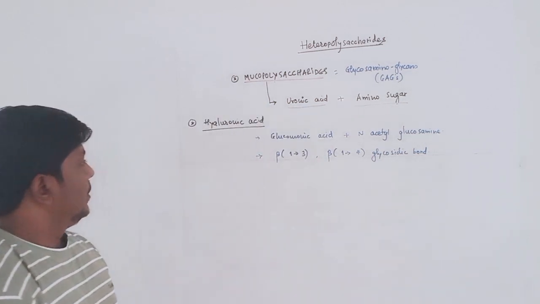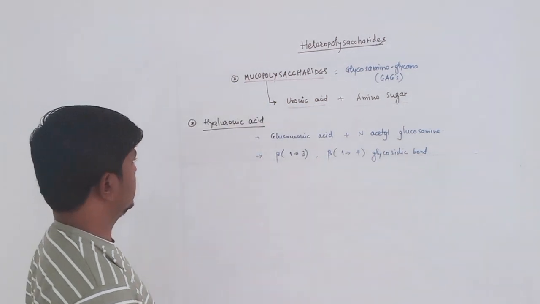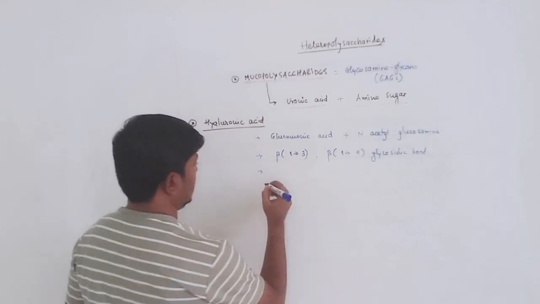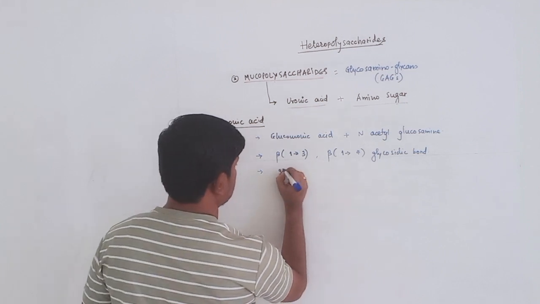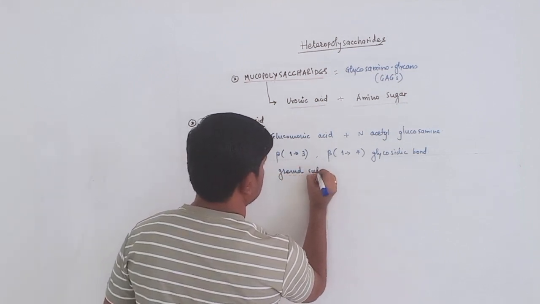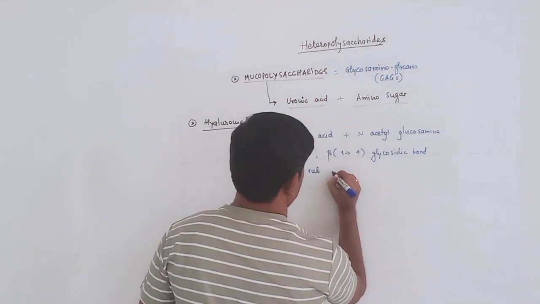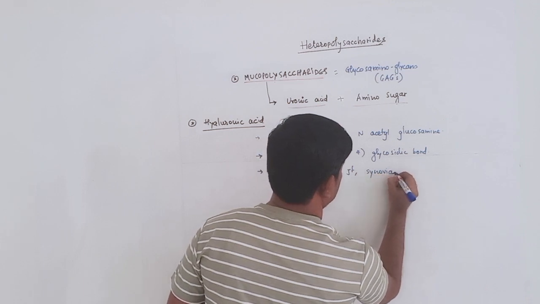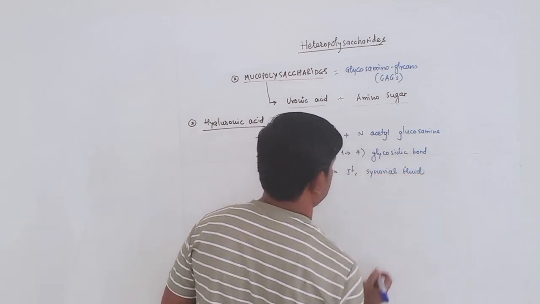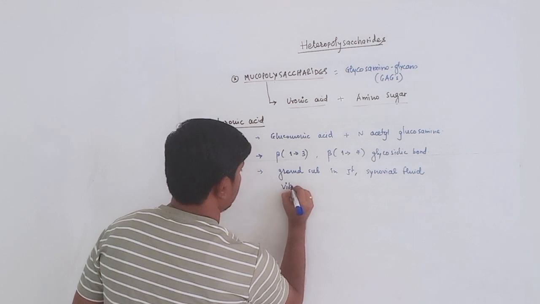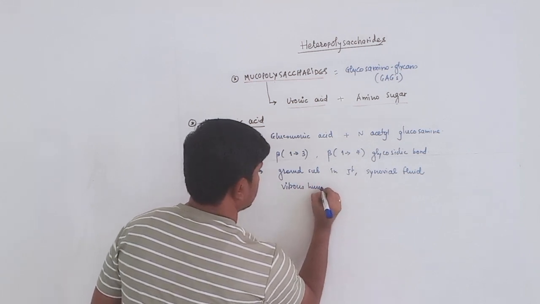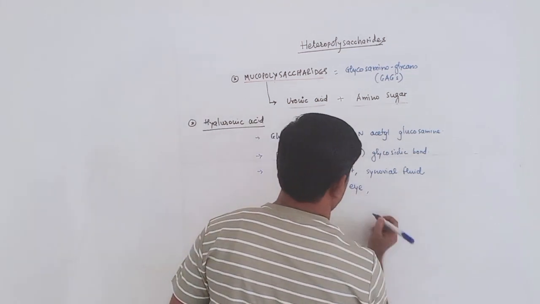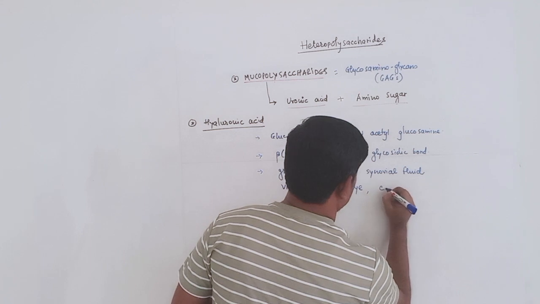Okay, and this hyaluronic acid acts as ground substance in joints, synovial fluid, then vitreous humor of the eye.